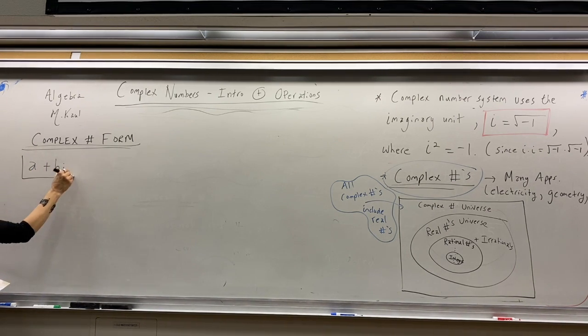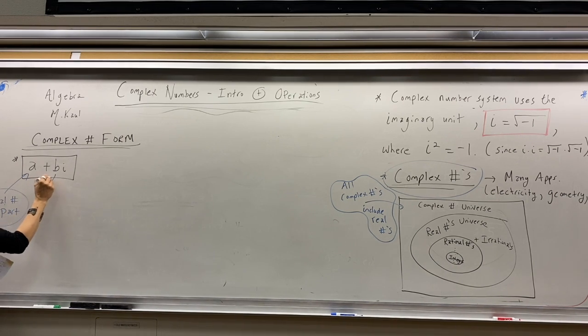So this is how we typically write any complex number. We write the real number part first and then the imaginary part. So we have our real number part here, and sometimes that might be 0.